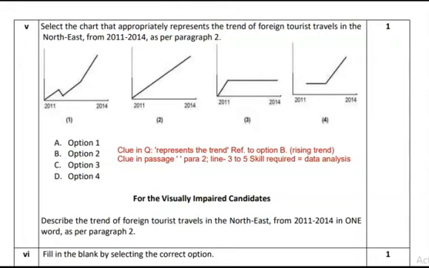The data tell you. So obviously it will be option 2, option B. So here you have to relate the data with the graph, nothing else. And if you want good marks, then this much work has to be done by anyone.